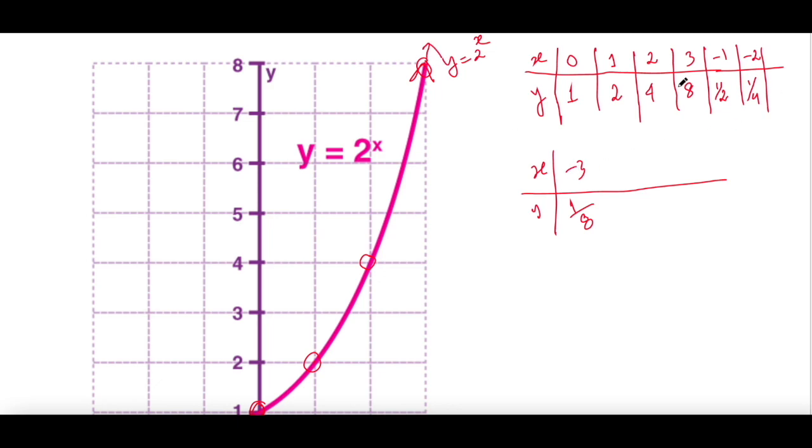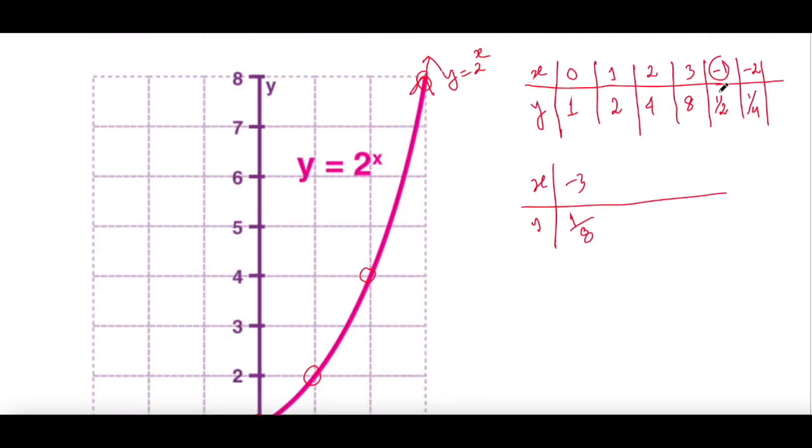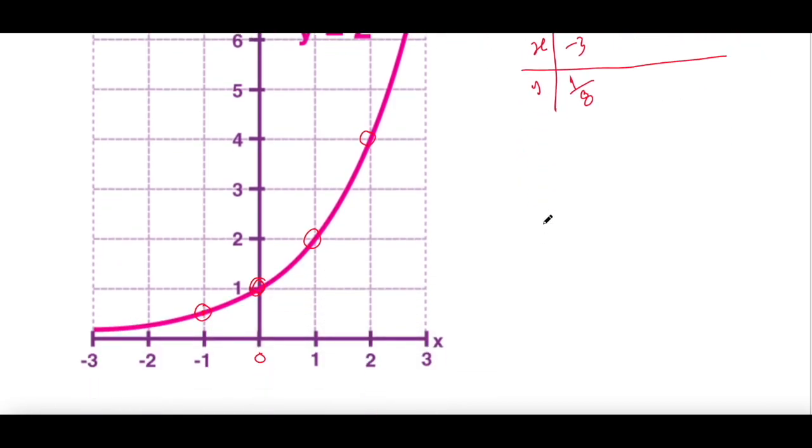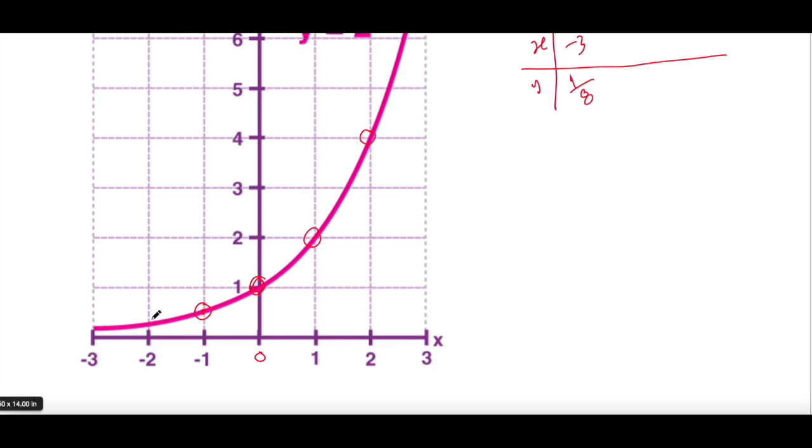And when x equals negative 1, y equals positive half. When x equals negative 2, y is positive 1/4, which is this point. And when x equals negative 3, y equals positive 1/8, and so on.